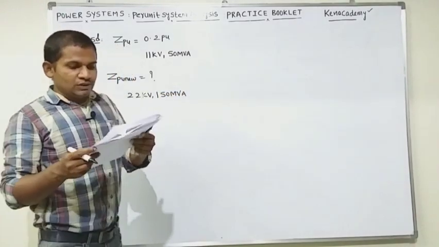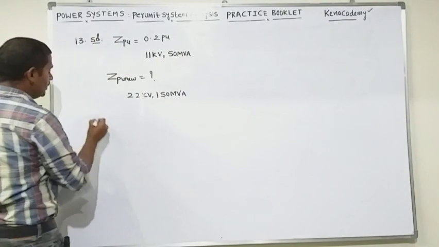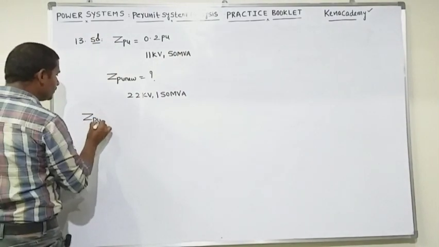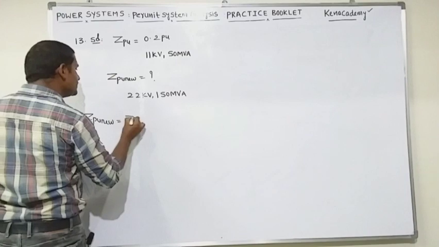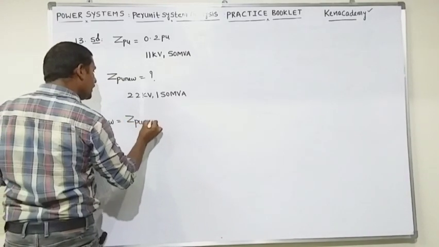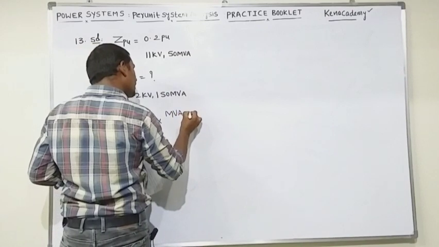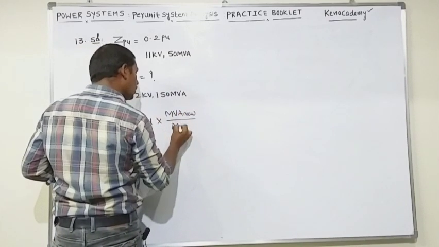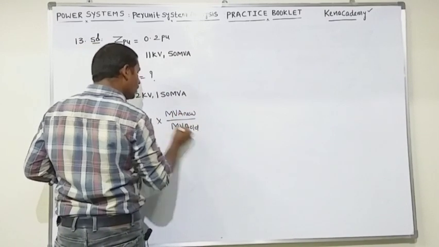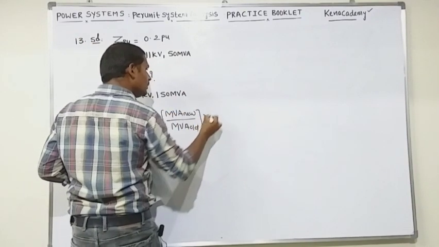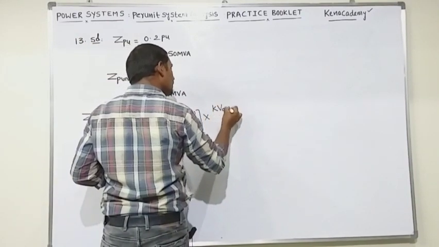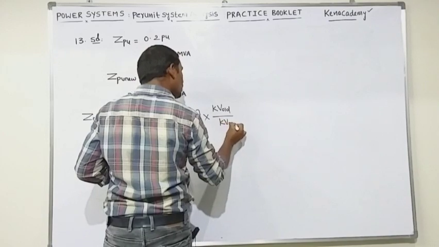Yes, students, write the formula. Z per unit new equals Z per unit old into MVA new by MVA old into kV old by kV new whole square.